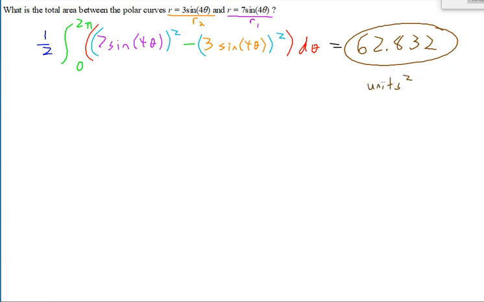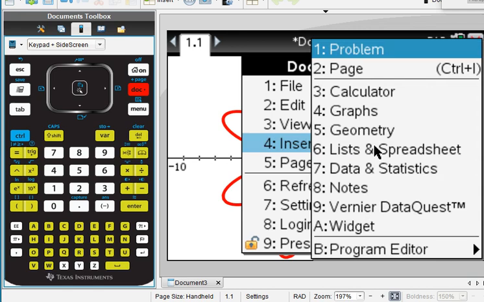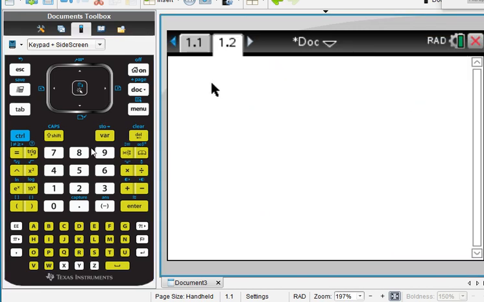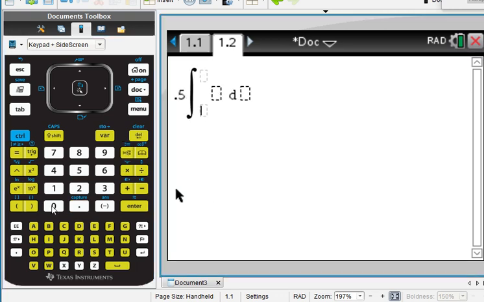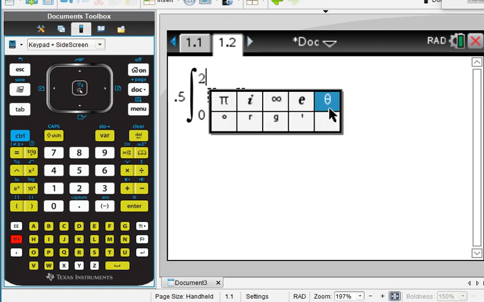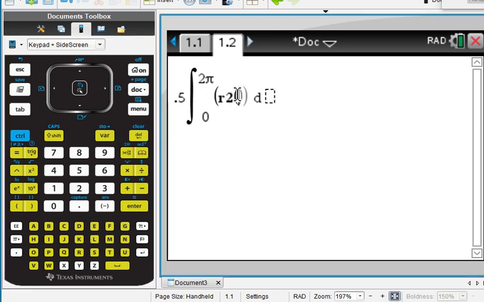And let's see if we put the same thing on the Inspire here. So doc, insert, calculator, and 0.5, interval from 0 to 2 pi. This one we do need open parentheses. That's R2, the one that was further away.